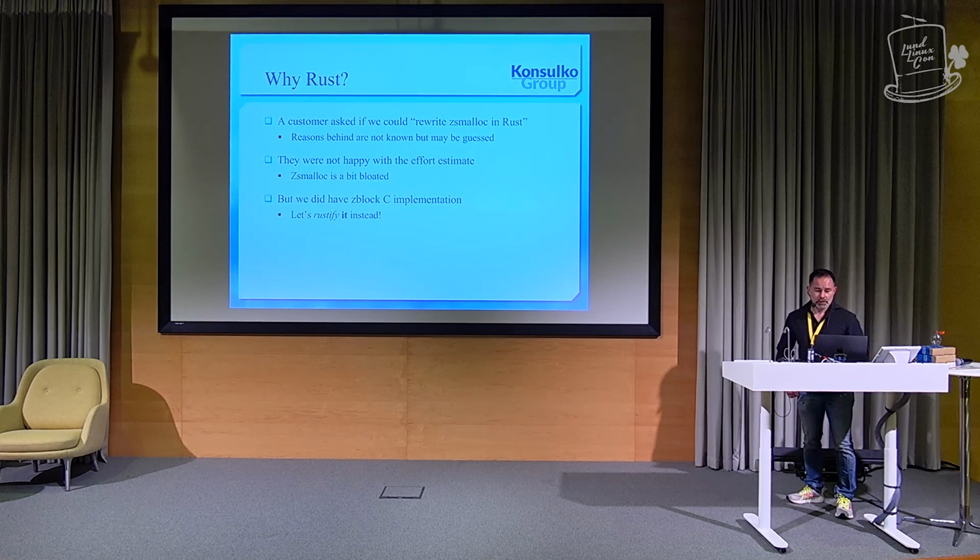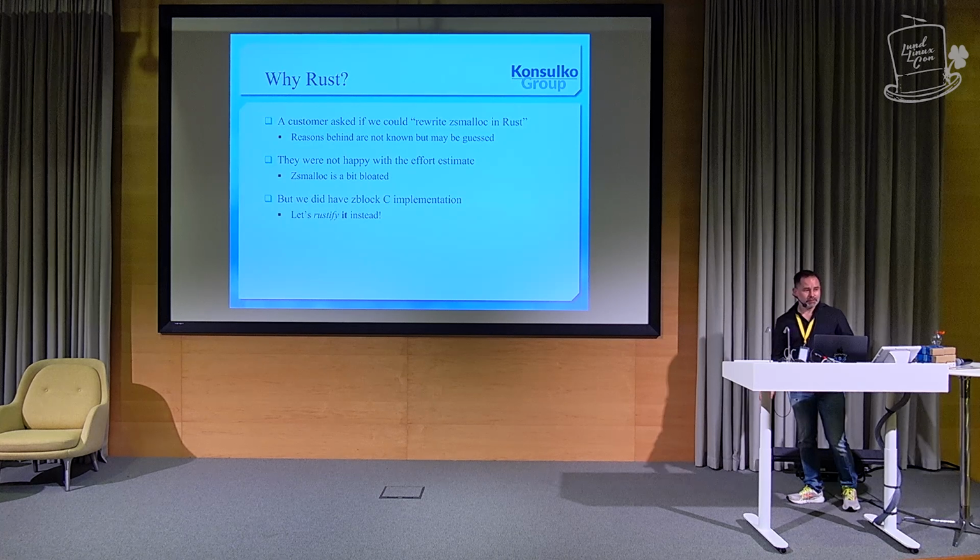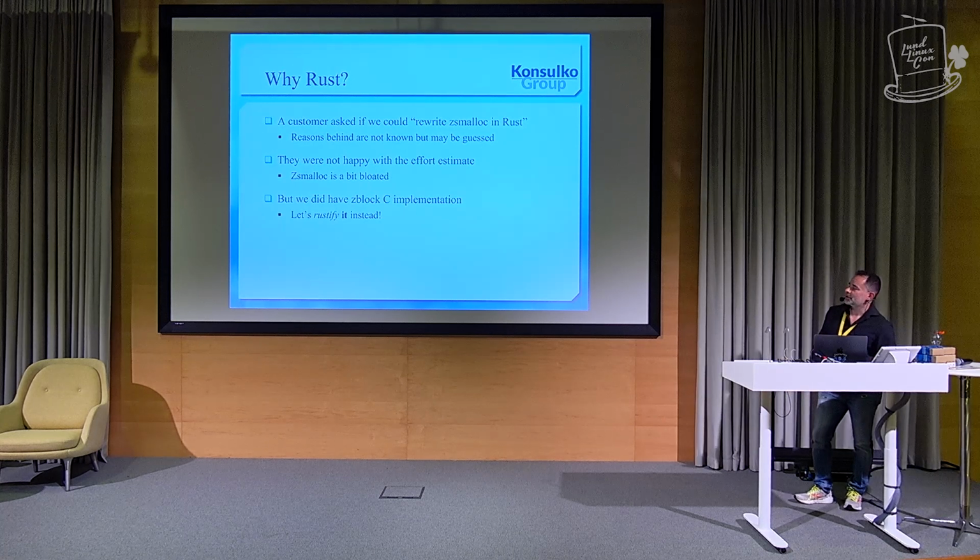So there was this initiative to rewrite Zblock, this new allocator backend, in Rust and see how it compares with Zsmalloc in the first place and the C version of itself in the second.